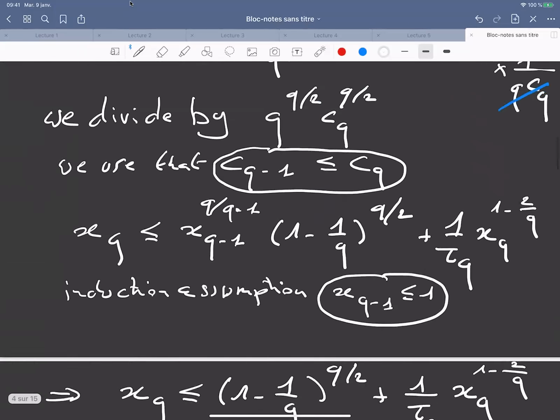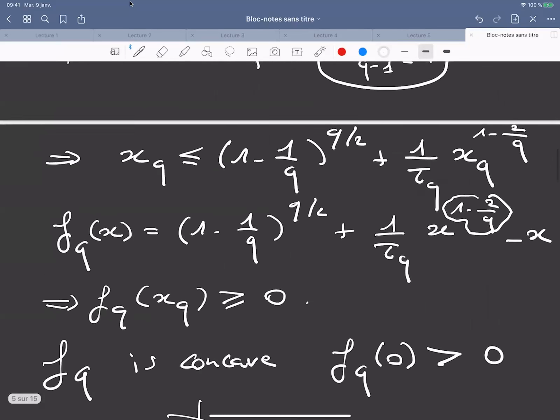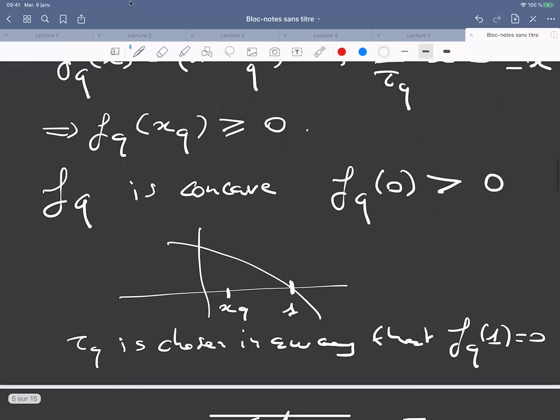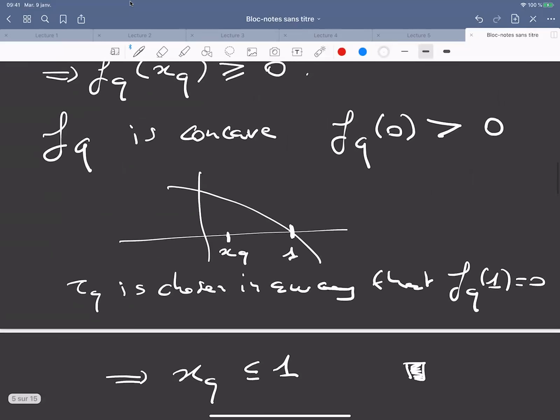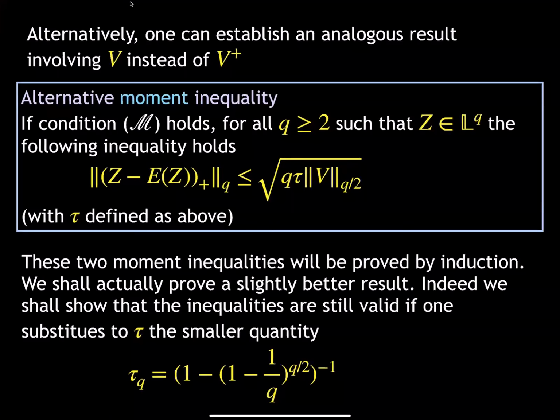At the end of the day, you make all this proof here, and you are lucky to discover that the choice that you have to make for tau q is indeed a monotone choice, and you won. So this achieves the proof of the moment inequality, this structural moment inequality.